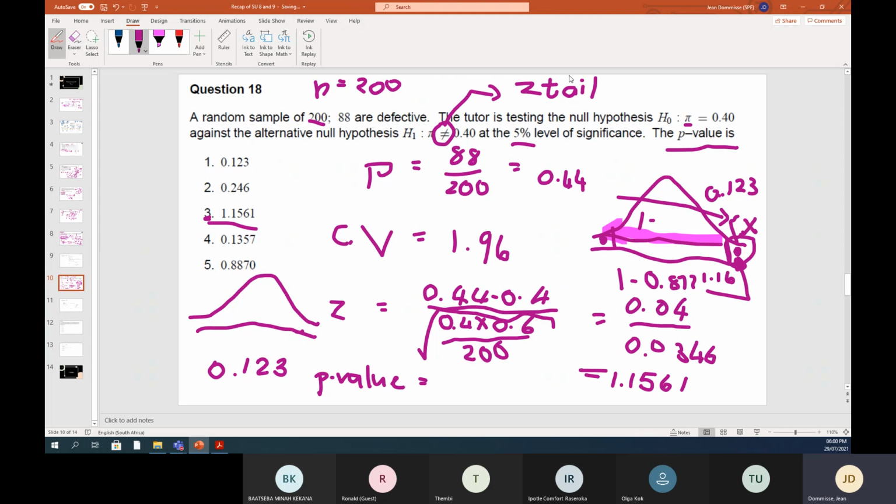So now the next thing that we need to do is remember this is two-tail. So if we calculated that as 0.123, what is my p-value?